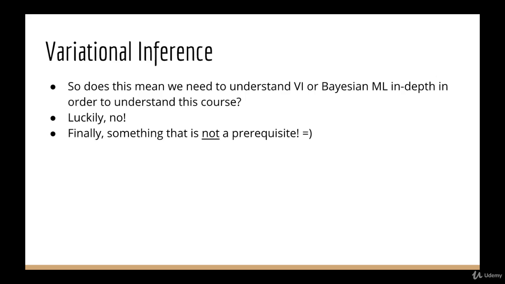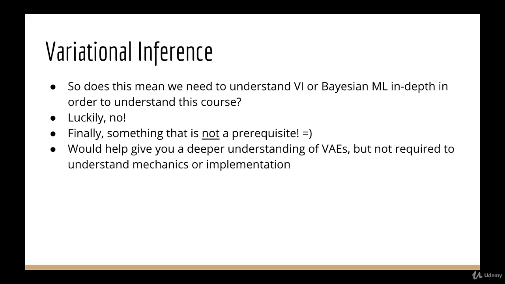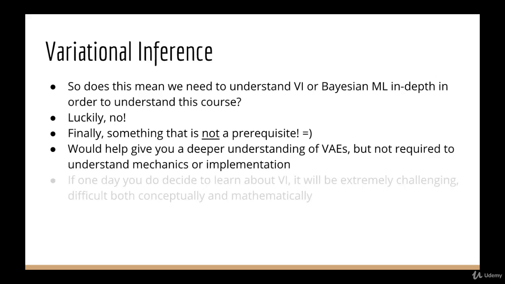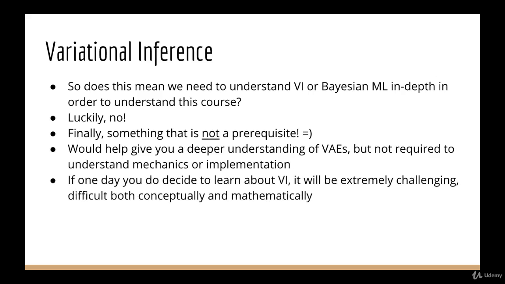Well, it would certainly help to have a deeper understanding of variational autoencoders, but learning how one works mechanically and implementing one in code do not require this deep understanding. And as I mentioned earlier, if you do decide one day that you want to learn about variational inference and similar Bayesian methods, realize that it will be extremely challenging, very difficult conceptually and mathematically, so it wouldn't be practical to make it a prerequisite to this course.